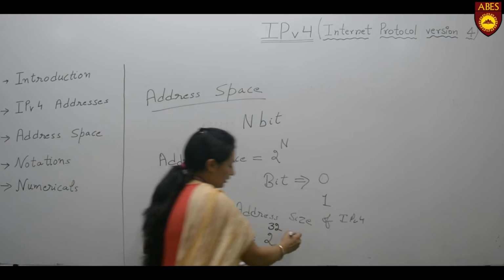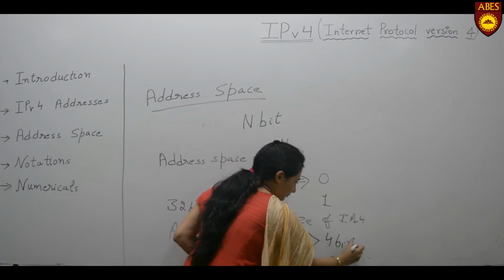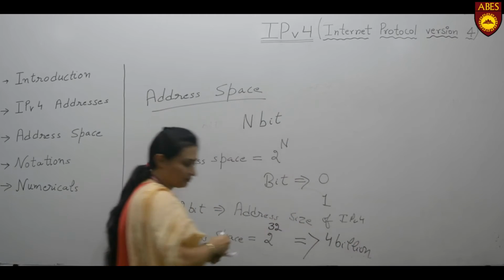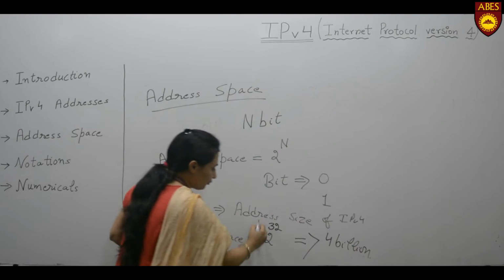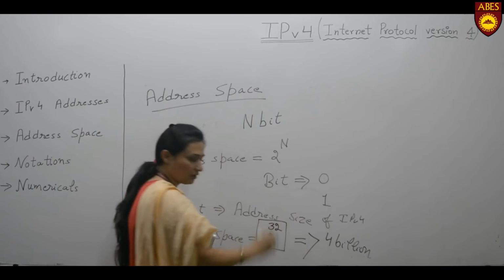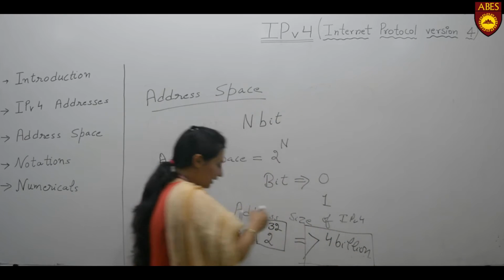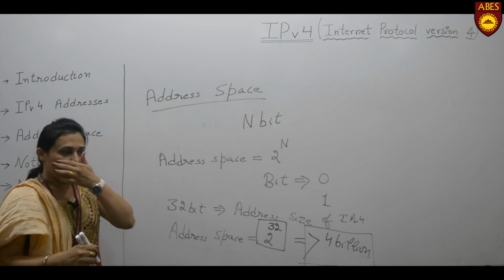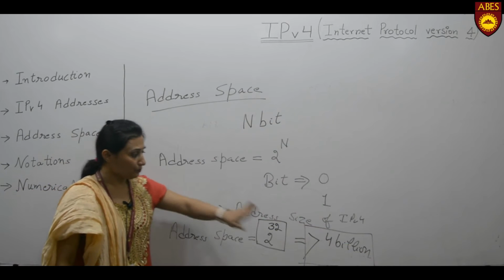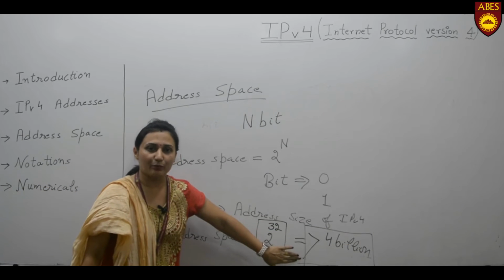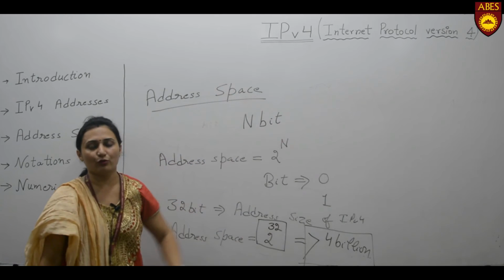That means approximately more than 4 billion addresses are available at a single time. We can say in another way that at a particular time more than 4 billion addresses can connect at the same time to the internet with the help of IPv4 addresses.